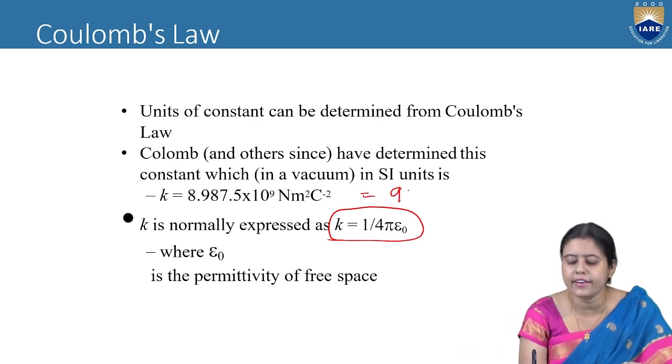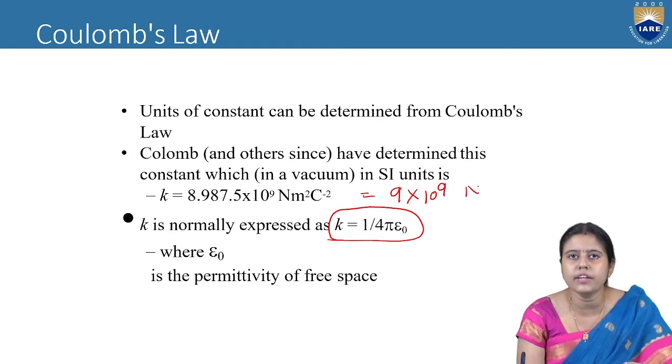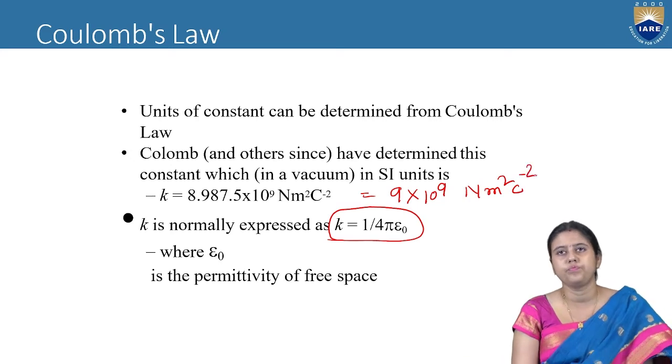K is actually equal to 1 by 4 pi epsilon 0, or we can write it as 9 into 10 to the power 9. What is the unit? Newton meter square Coulomb to the power minus 2.